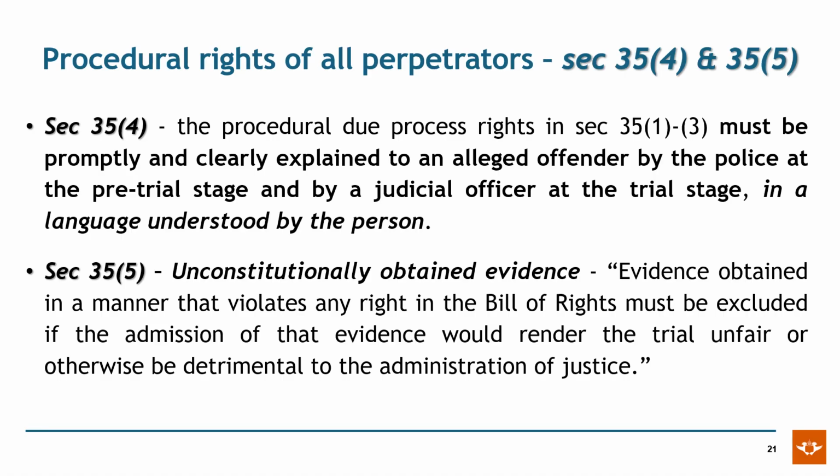Second important protection there is Section 35(5), which is the exclusionary rule. Now, we'll unpack the exclusionary rule in a little bit more detail later, but effectively, what the exclusionary rule says is that during the investigation of a crime, as evidence is obtained, if that evidence is obtained in a manner that violates any right in the Bill of Rights, to the extent the admission of that evidence would either render the trial unfair or would be detrimental to the administration of justice, then it is possible that the court may exclude that evidence as admissible evidence at trial.